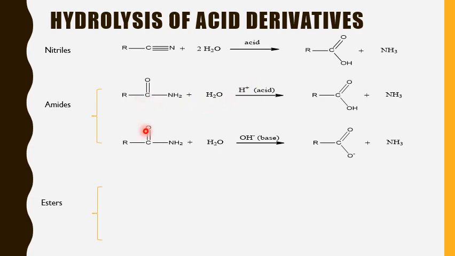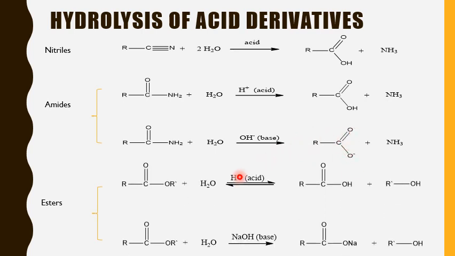The only thing is that in the presence of acid, amides give the carboxylic acid, whereas in the presence of a base, they give a salt, which is a carboxylate ion. This is the carboxylic acid; you can see the hydrogen attached to the OH of COOH, whereas when you run the reaction in the presence of base, the proton of OH is lost. Therefore, it forms an anion, which is called a carboxylate ion in this case.